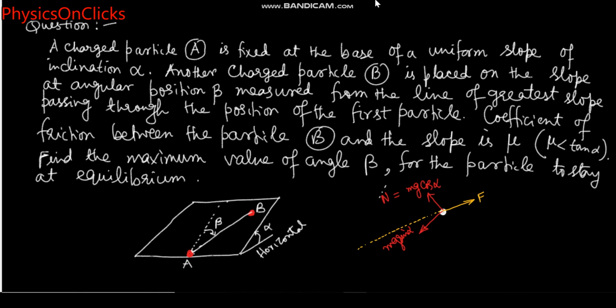Now try to understand the direction of F. This was the inclined surface, and this inclined surface is itself inclined at an angle alpha with the horizontal, and from there F makes an angle beta. Now these are the two forces: the force of repulsion and mg sine alpha.